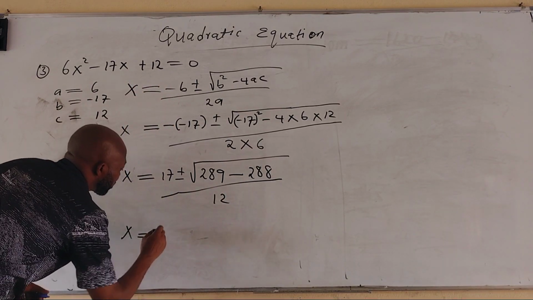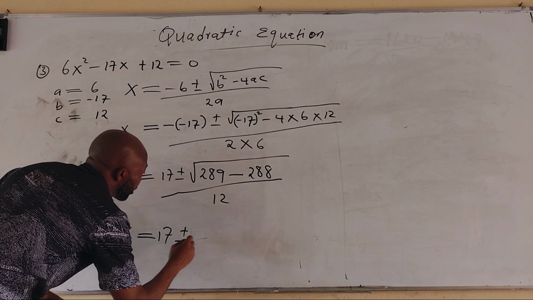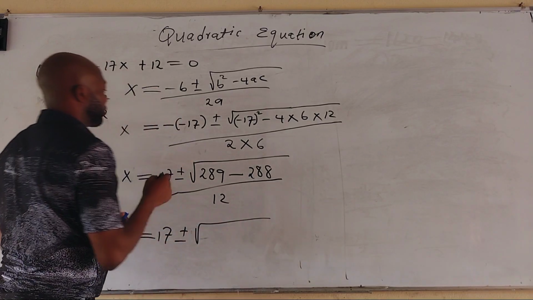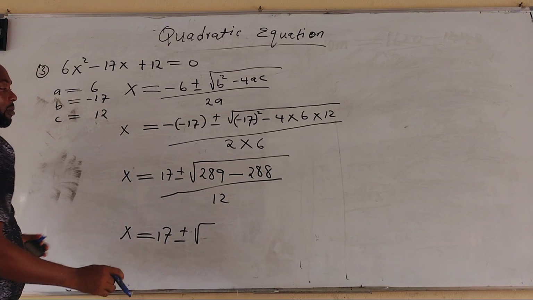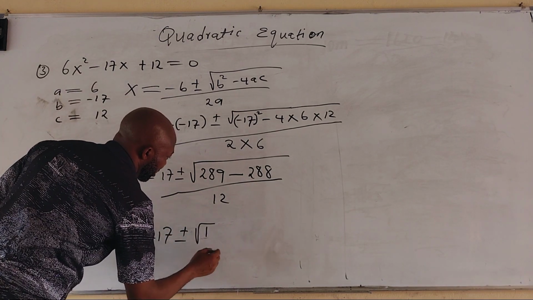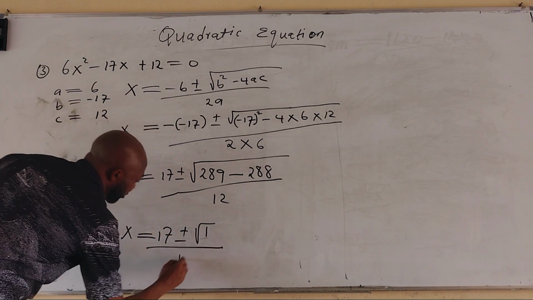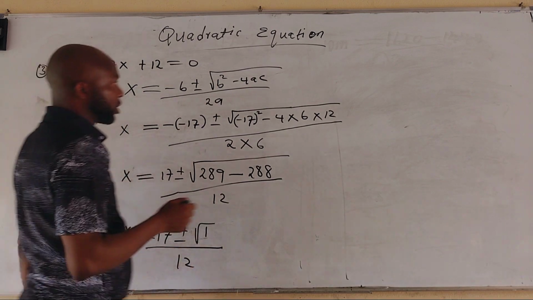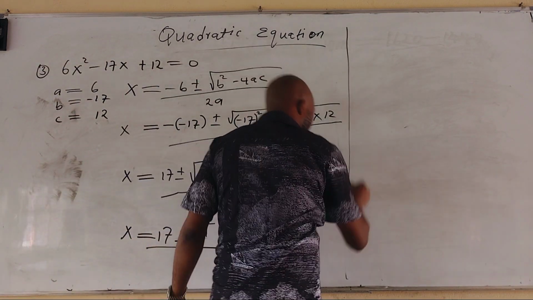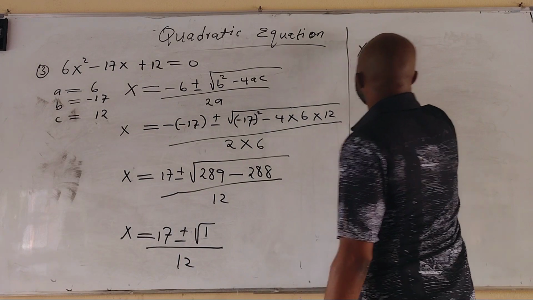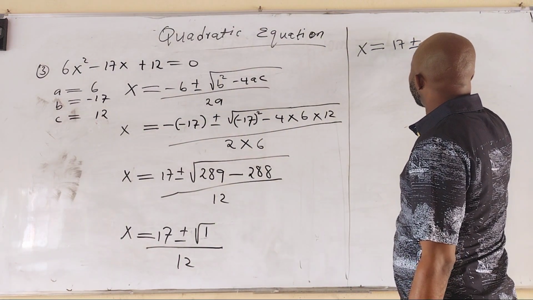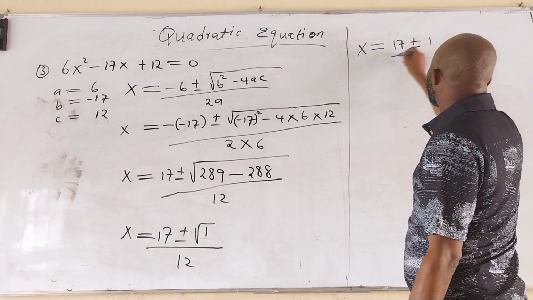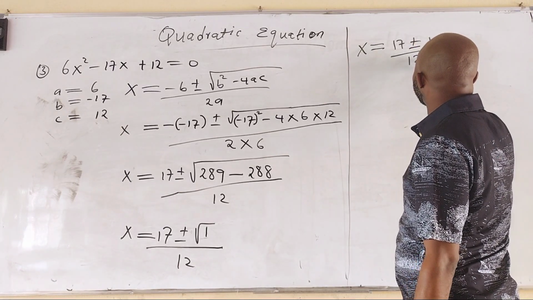My x is equal to 17 plus or minus the root of 289 minus 288, which is 1, over 12. Okay, we come back here. x is equal to 17 plus or minus the root of 1, which is 1, over 12.